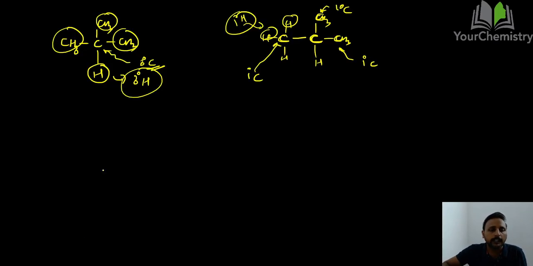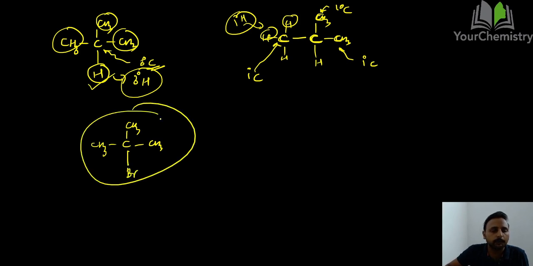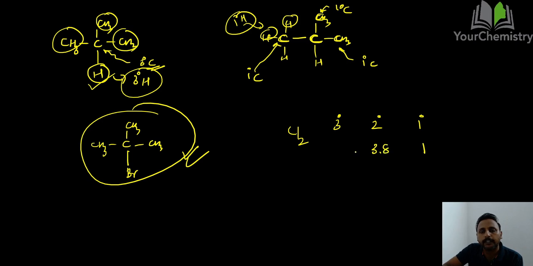The bromine will simply replace the tertiary hydrogen, CH3, CH3, and you will get Br here. Able to understand? This must be the product. But remember, in the case of chlorine, the reactivity is not that different between tertiary and primary. The order is going to be 1 is to 3.8 is to 5.